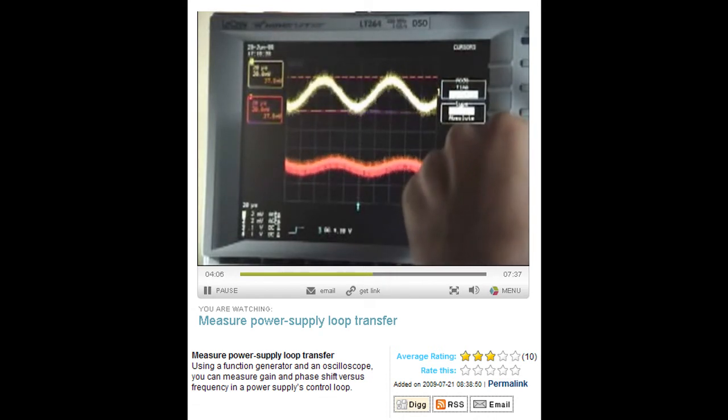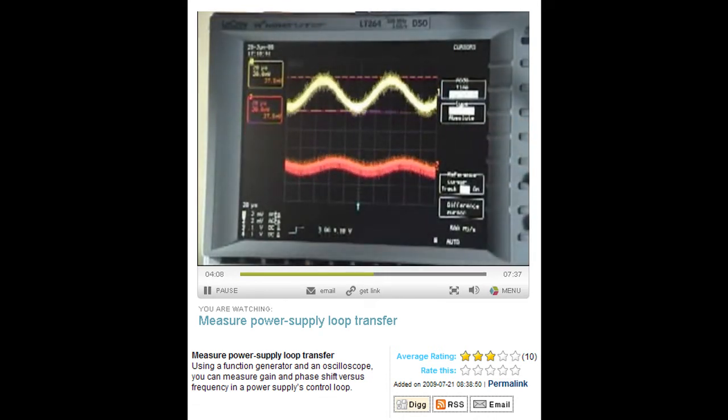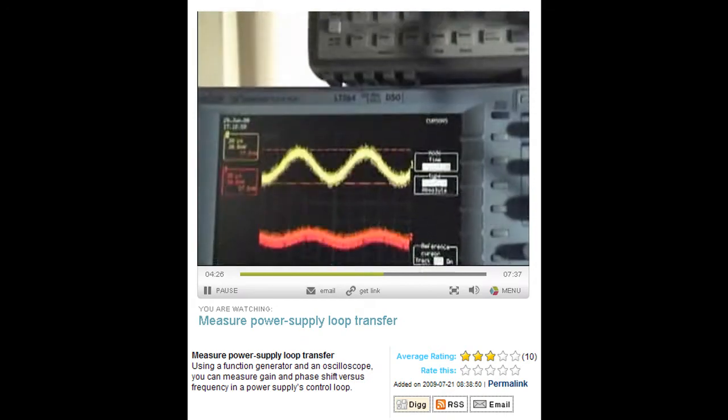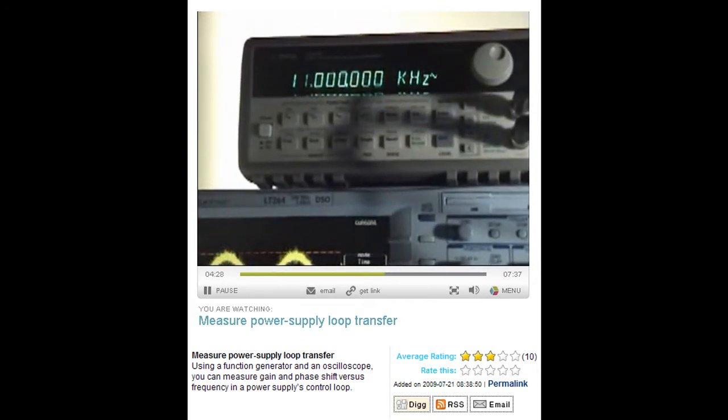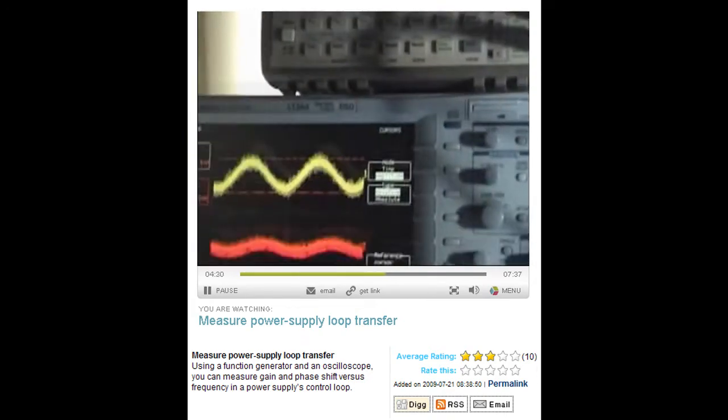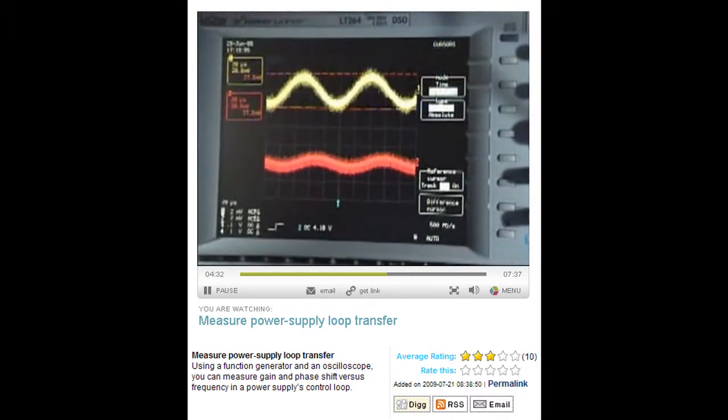So we have about 37 or 38 millivolts peak to peak on the other channel. And so we know the voltage factor of these two amplitudes is about a factor of 3, which yields about 10 dB of gain. So we know at 11 kilohertz, because up here our injected signal is 11 kilohertz, we have a 10 dB gain.